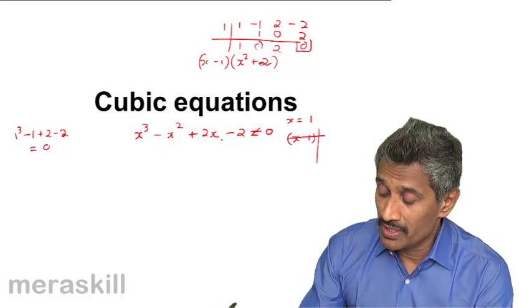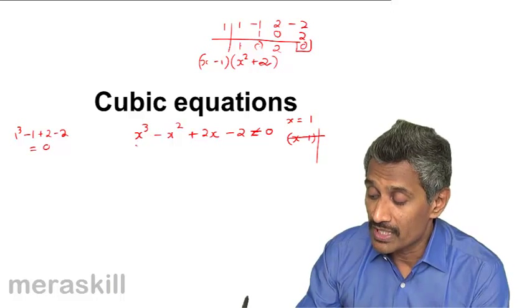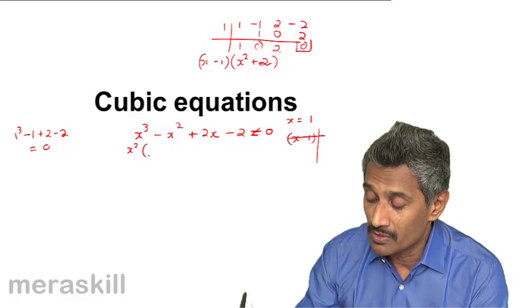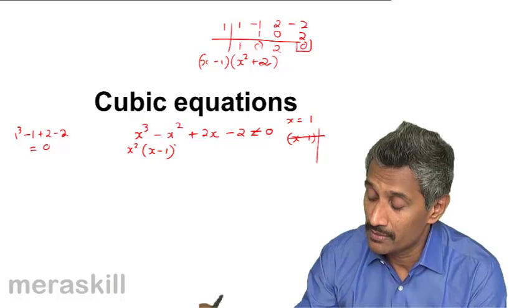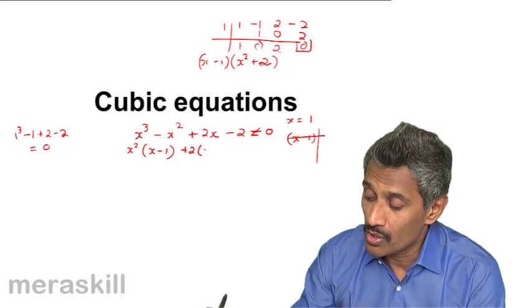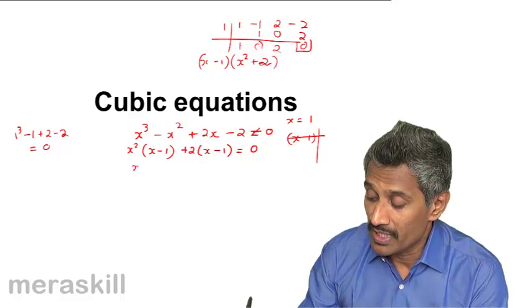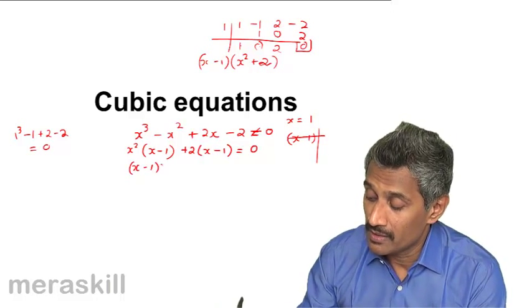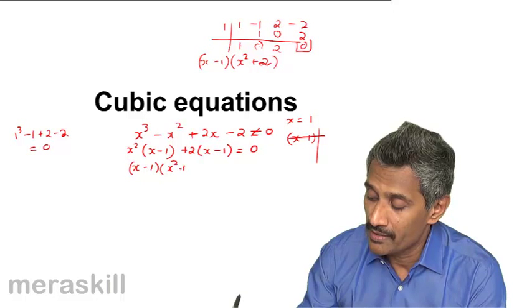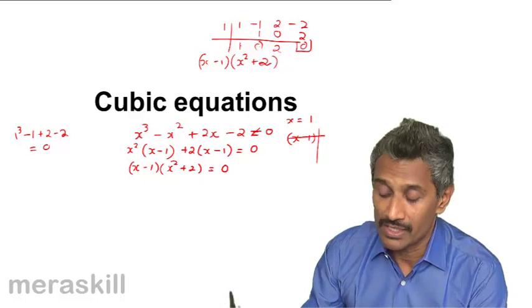The other option here is, in these two terms, you can take x square common and you get x minus 1. In the other two you can take 2 common and you get x minus 1. So we get x minus 1 into x square plus 2 is 0.